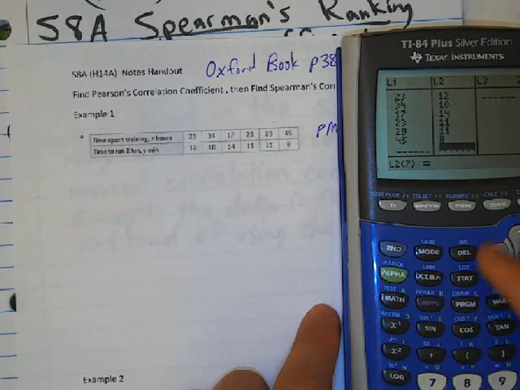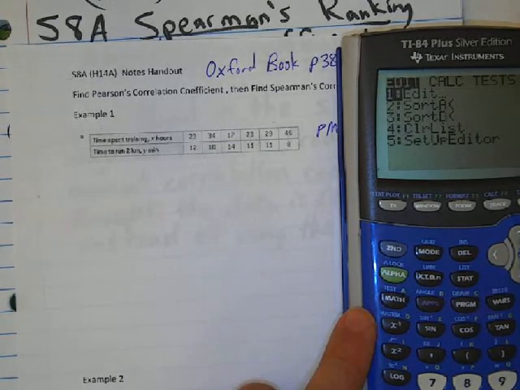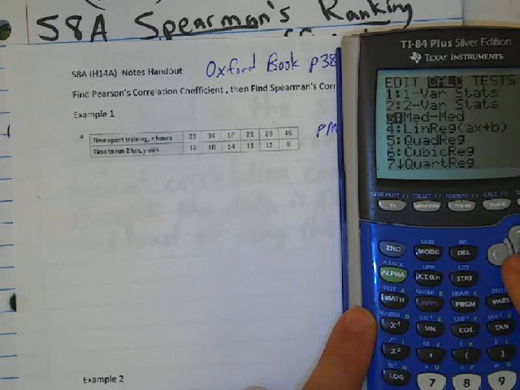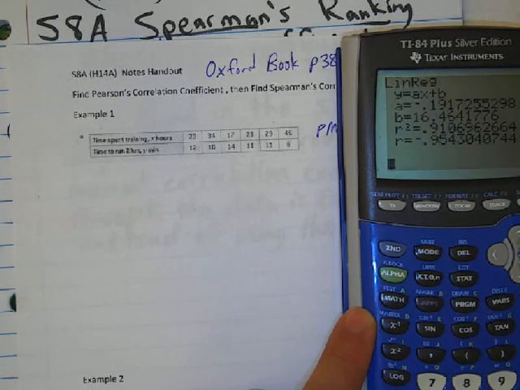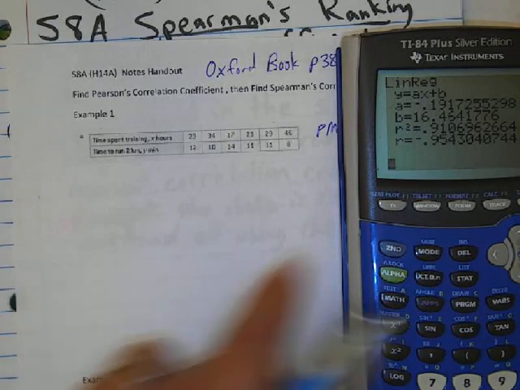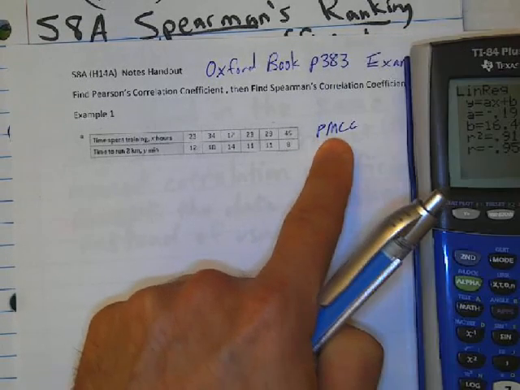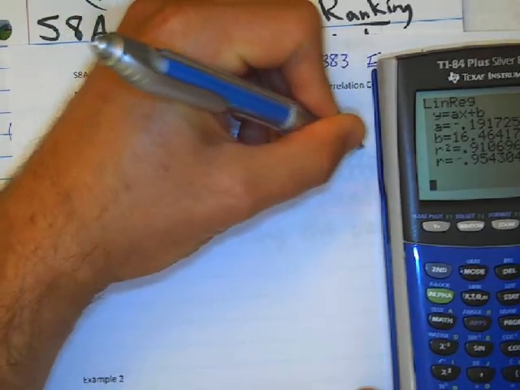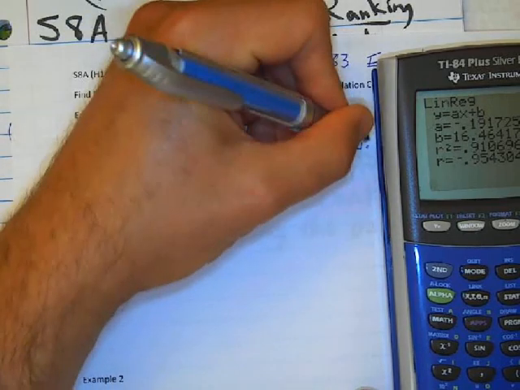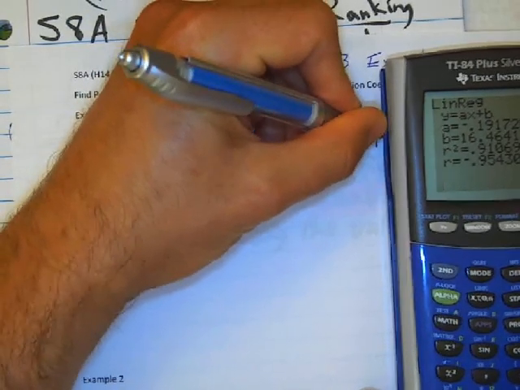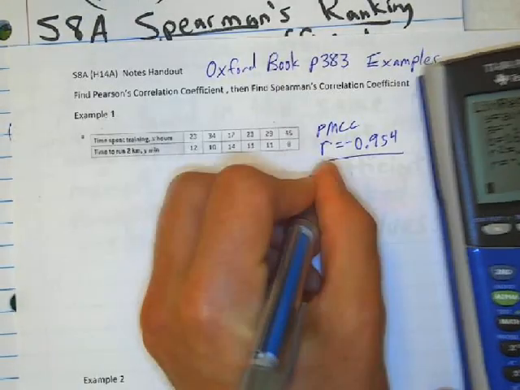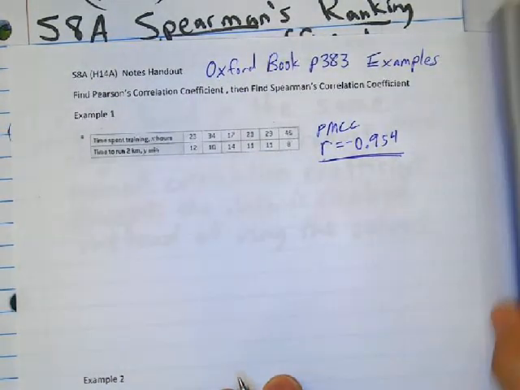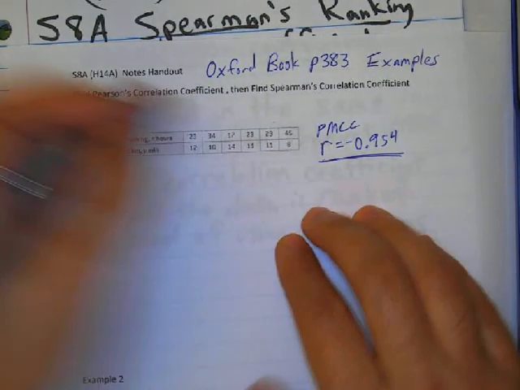Then I hit stat, arrow over to calc, arrow down to linear regression, hit enter, and the Pearson moment correlation coefficient is negative 0.954.